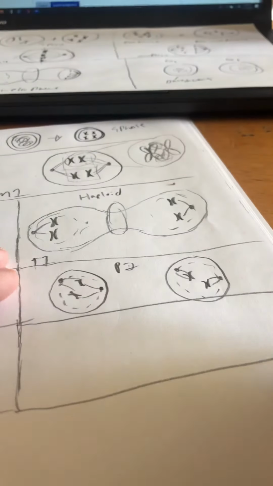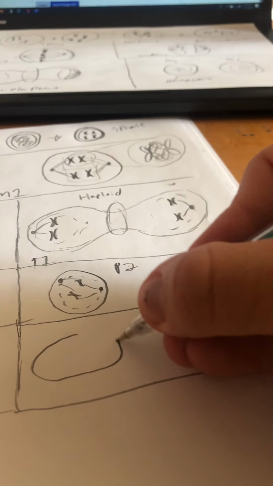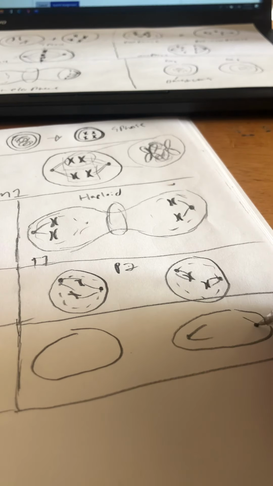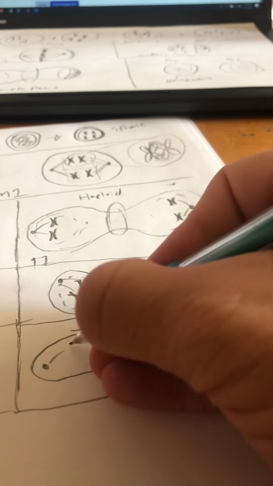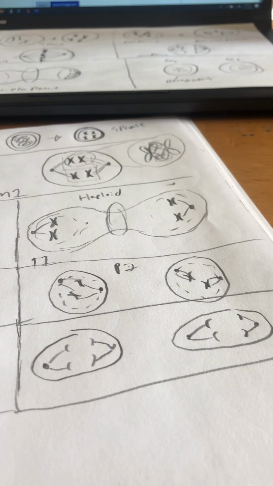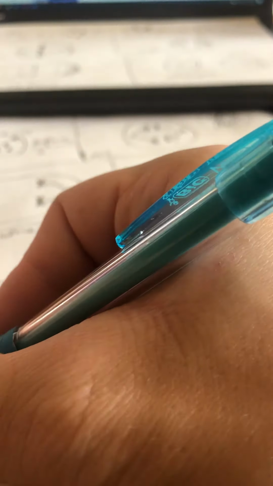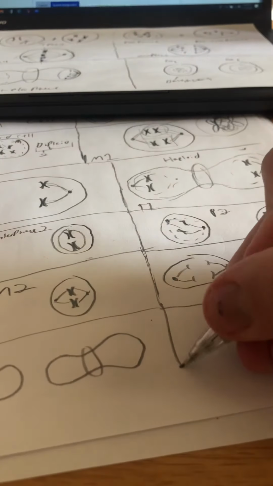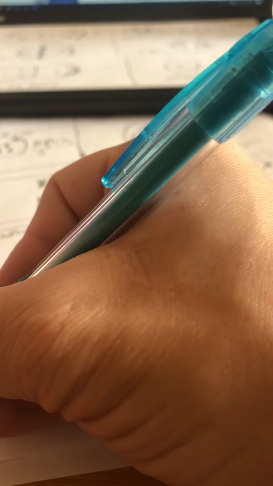And then your anaphase 2, where they split. Again, very similar to mitosis. And then telophase 2. Now you have 2 peanuts instead of 1.